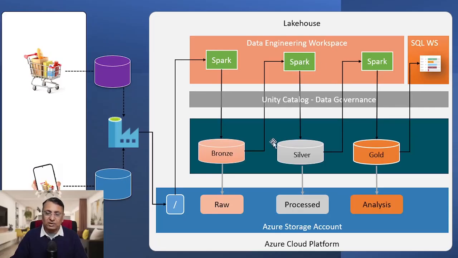Similarly, this application defines how to read data from the bronze layer, how to implement data quality checks, how to remove duplicates, how to build your dimension tables or fact tables, and prepare your data set for the silver layer. And similarly, the last one will define how to aggregate or summarize data or prepare data for our consumers and save it in the gold layer.